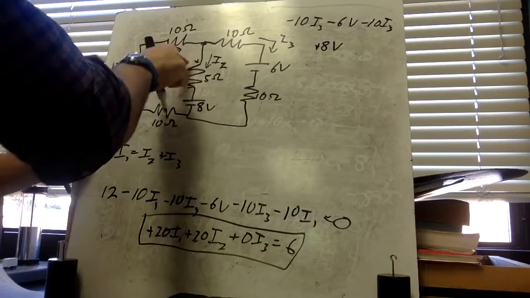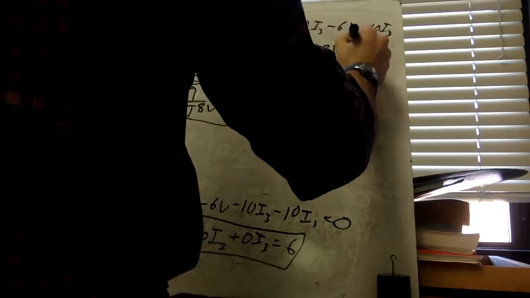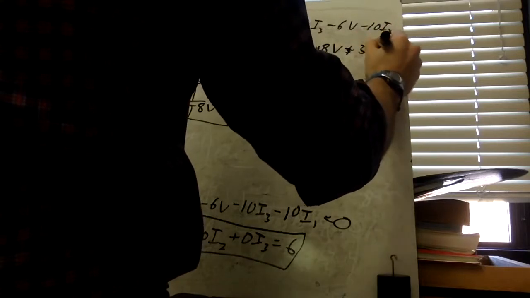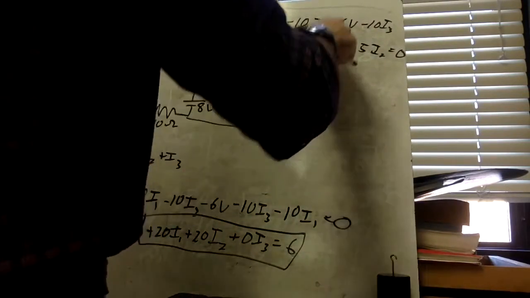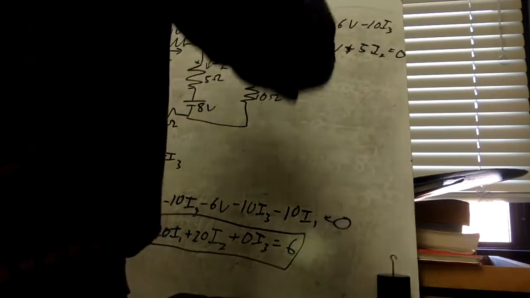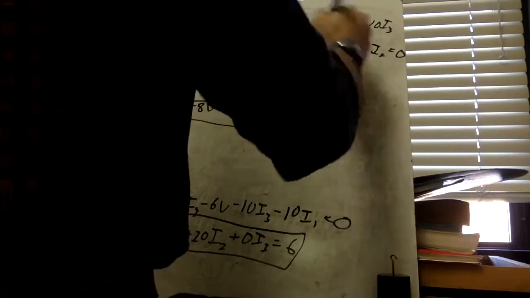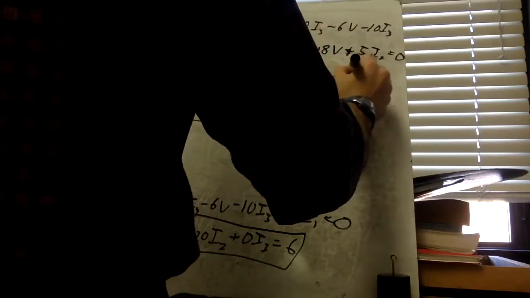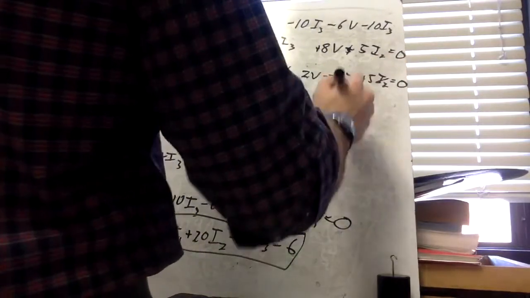But now I'm going from negative to positive side of the resistor. So this will be plus 5I2 equals 0. All right, so the total voltage here is 2. All right, so 2 volts minus 20I3 plus 5I2 is 0.